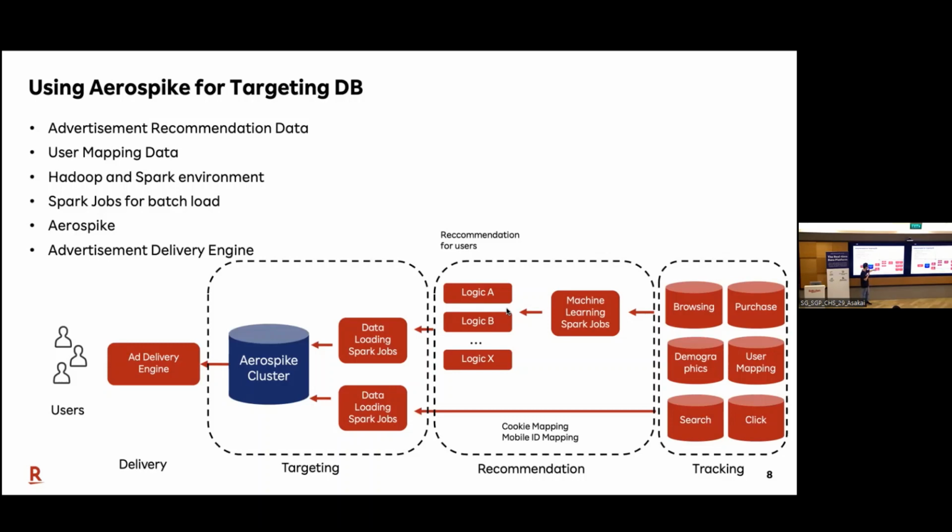Similar things happen for the mapping data, but mapping data is very easy because cookie mapping or mobile mapping is just one ID to another value. After we have Aerospike as a backend store with enough data, and it is always refreshed with the most recent recommendation every time, our ad engine can serve the user with the most updated recommendation, so that the user will see a fresh recommendation every day.